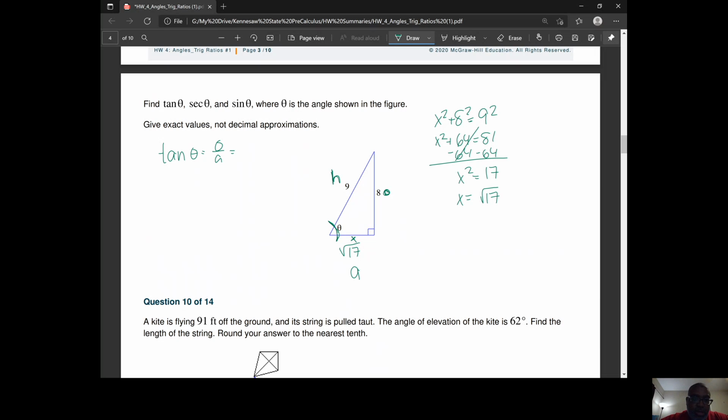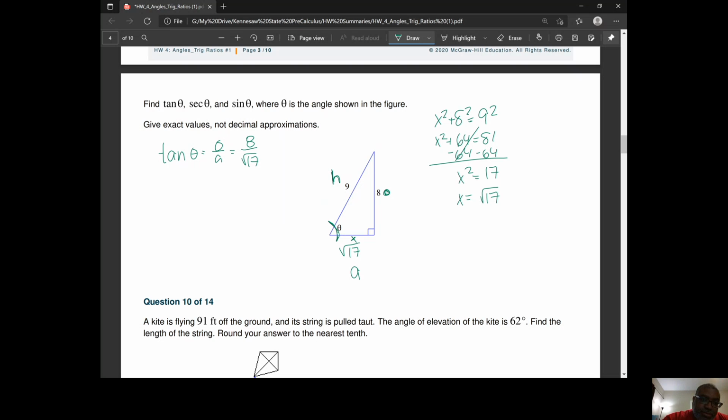It's okay. So tangent of theta is opposite over adjacent, which is 8 over root 17. And we'll just leave it as that for now. Normally you can't have a radical in the denominator, but it's okay sometimes as you're learning it.